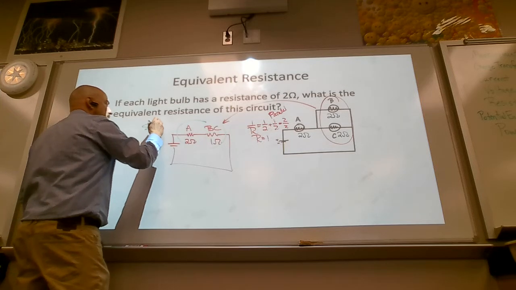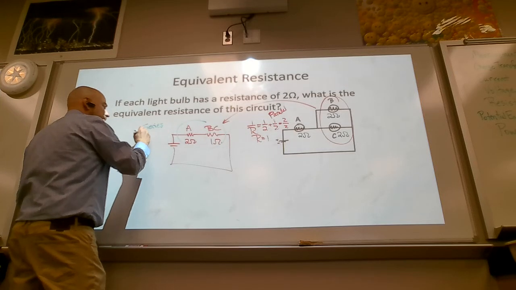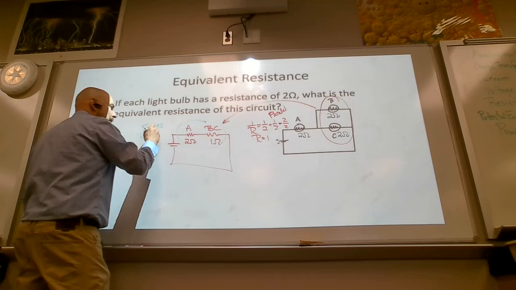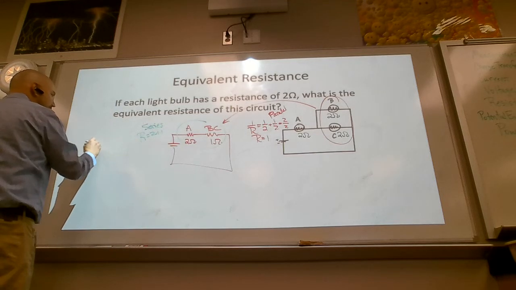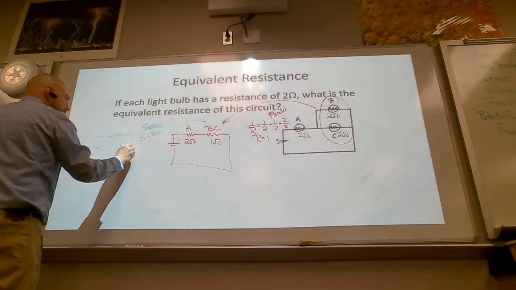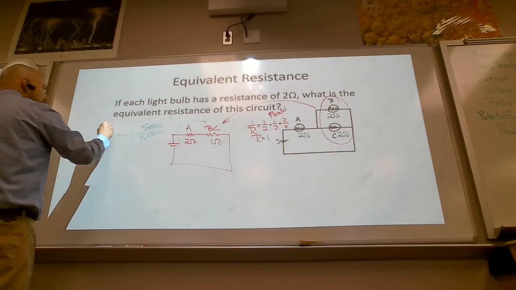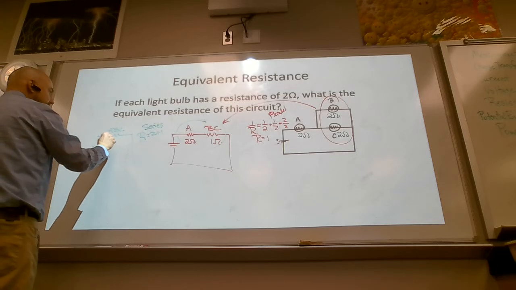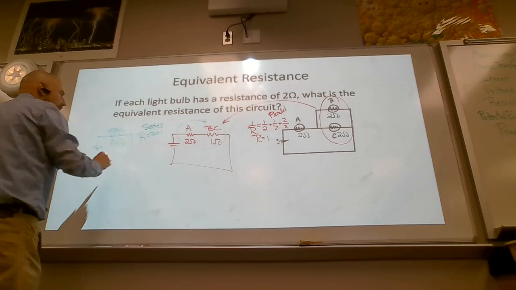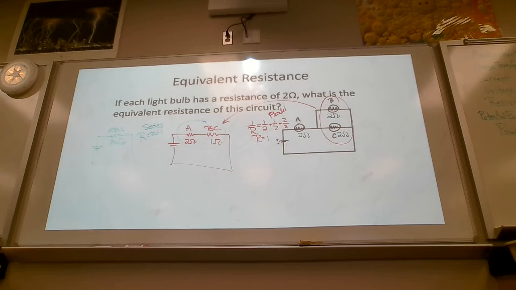Okay? So finding the total resistance in series, 2 plus 1. Redraw the circuit. ABC, 3 ohms. That is the total or the equivalent resistance of this circuit.